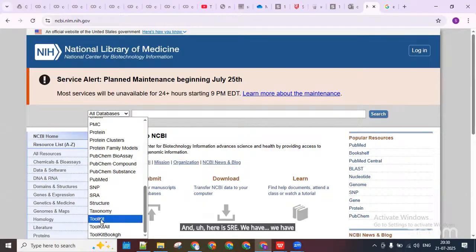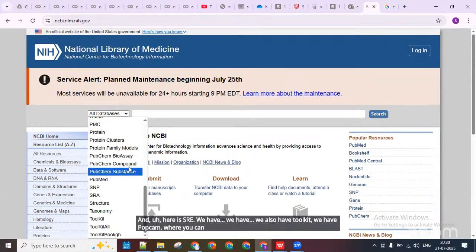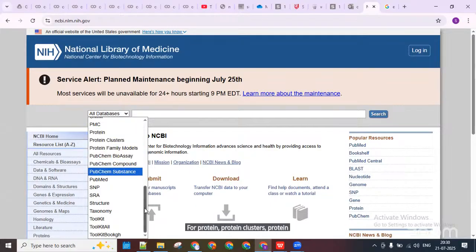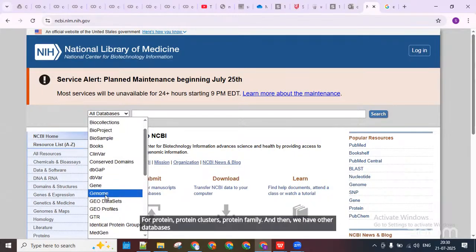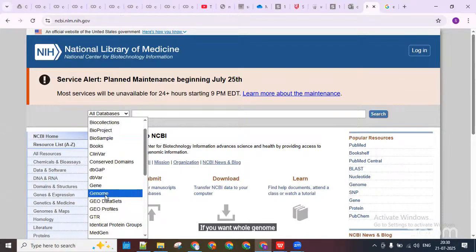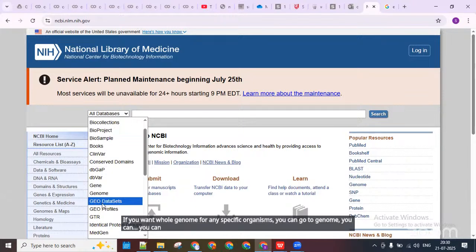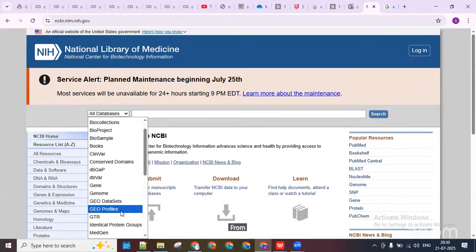We also have the toolkit. We have PubChem, where you can see drug-related information. We have protein-specific databases for protein clusters and protein families. And then we have other databases, for example, if you want the whole genome for any specific organism, you can go to Genome. You can retrieve microarray data sets from GEO DataSets or GEO Profiles.